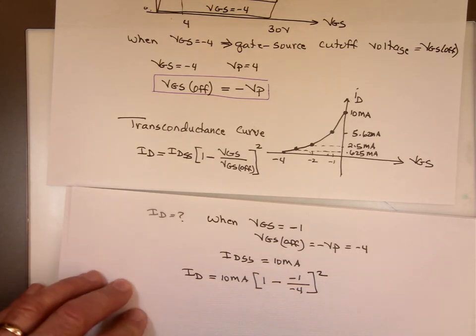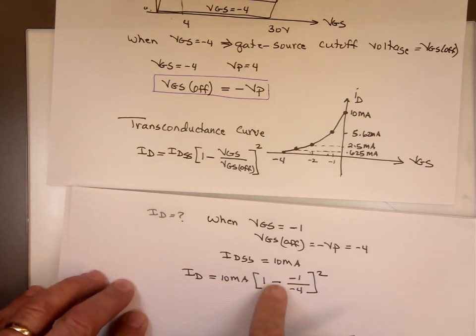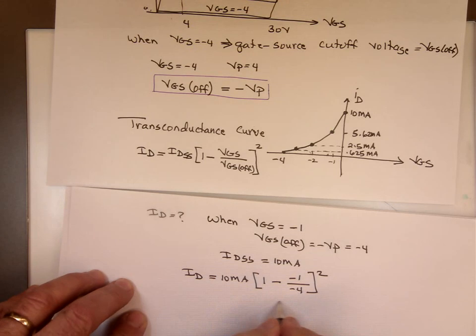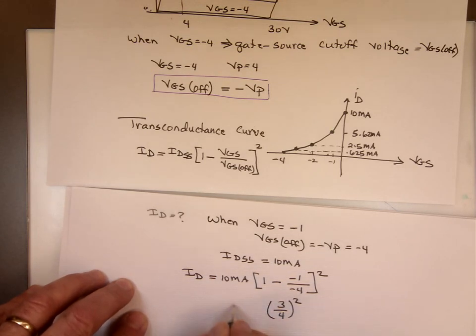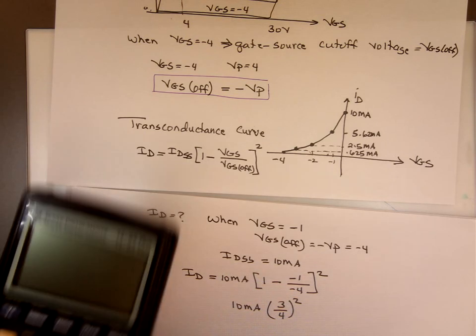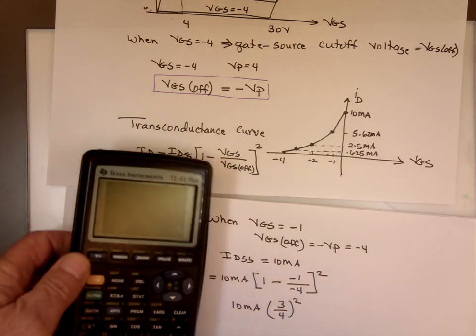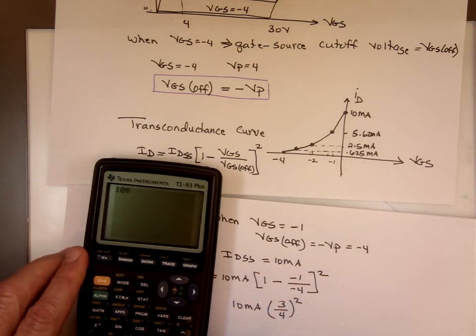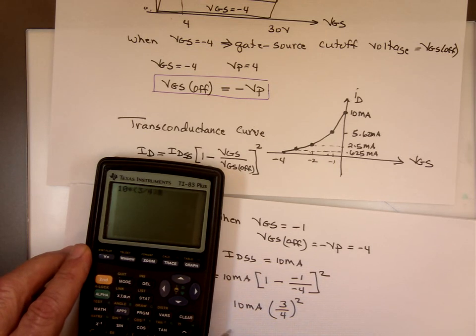This is 1 minus a quarter, that's 3/4 here, squared times 10 milliamp. So where's my calculator here? Let's see. 10 times parentheses 3 divided by 4, square that, and it's 5.625.